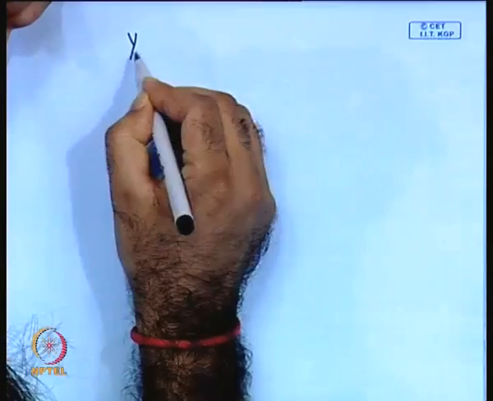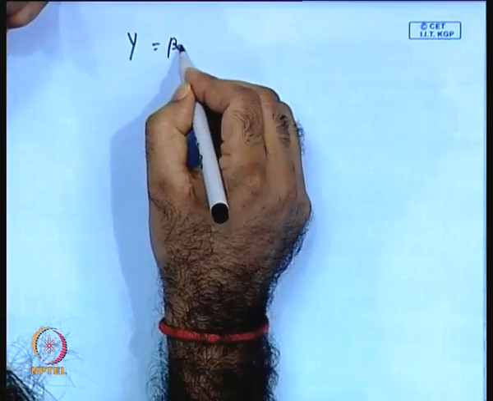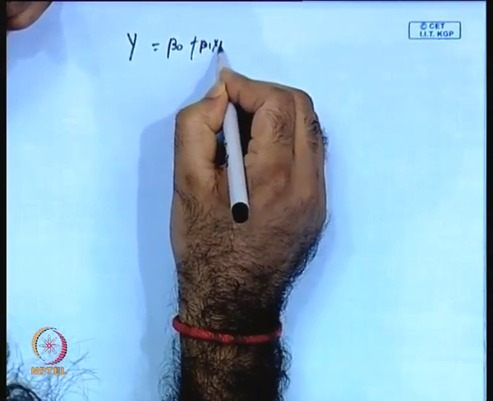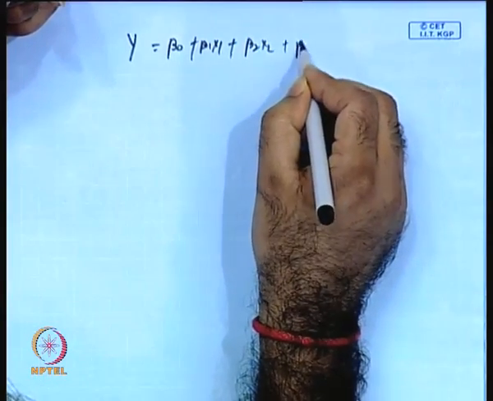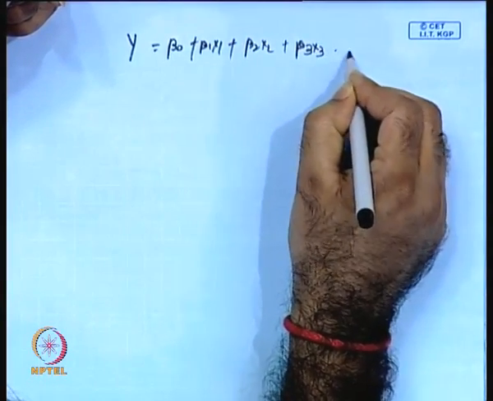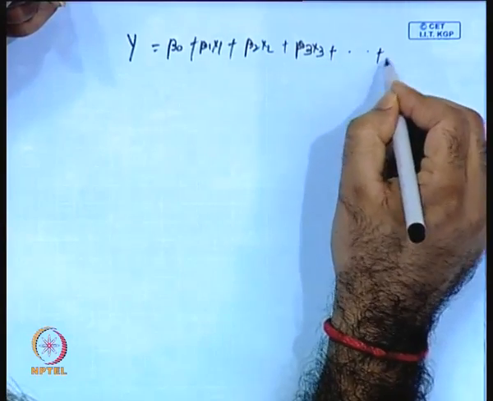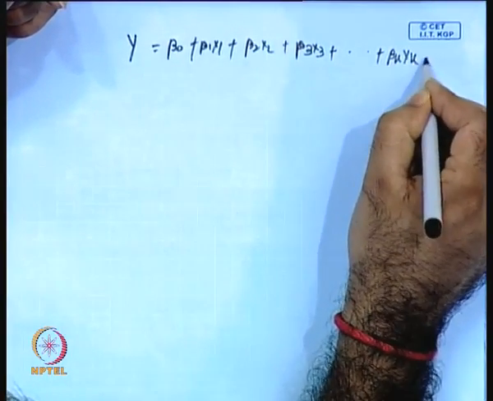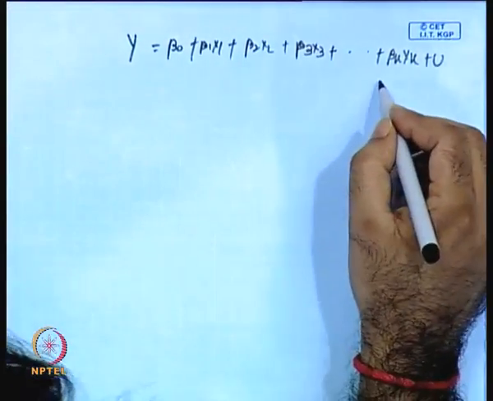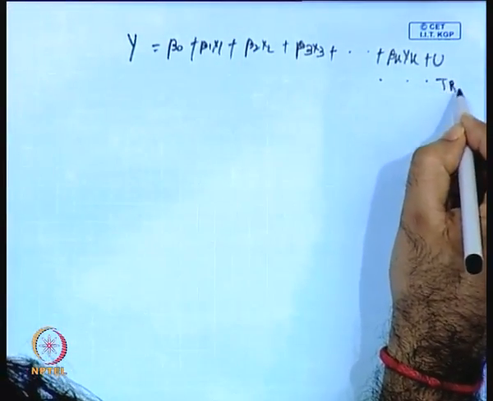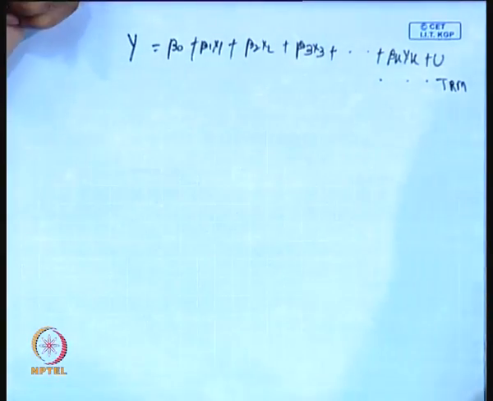So what is the exact structure here? We have y equal to beta 0 plus beta 1 x1 plus beta 2 x2 plus beta 3 x3 plus up to beta k xk plus u. Now this is called the true regression model.